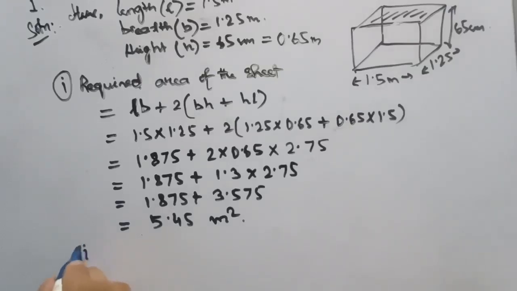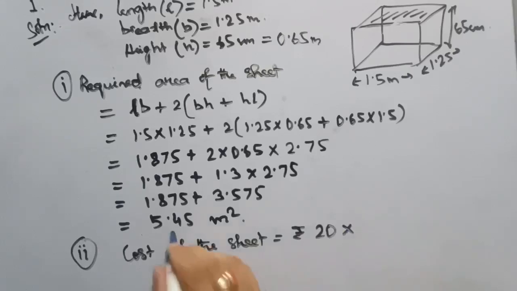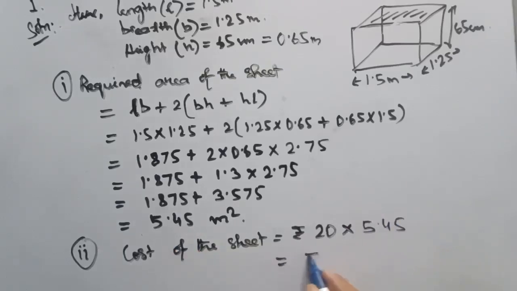Now the cost of this sheet is equal to rupees, per meter square it costs rupees 20. So for 5.45 meter square, we are going to multiply by rupees 20, which becomes rupees 109. So the required amount is rupees 109.